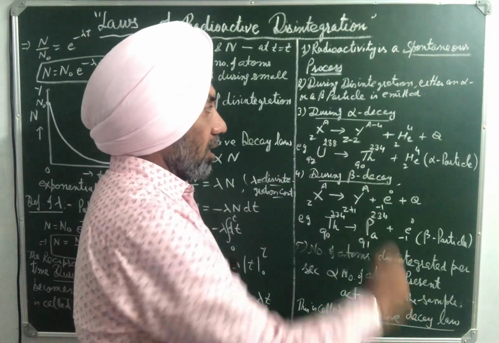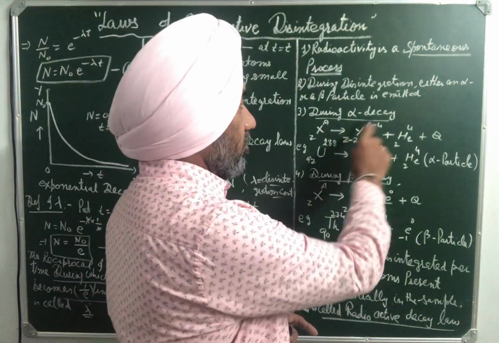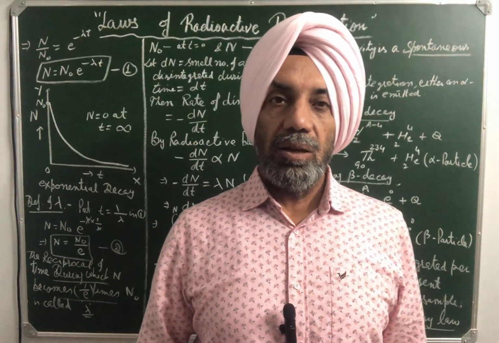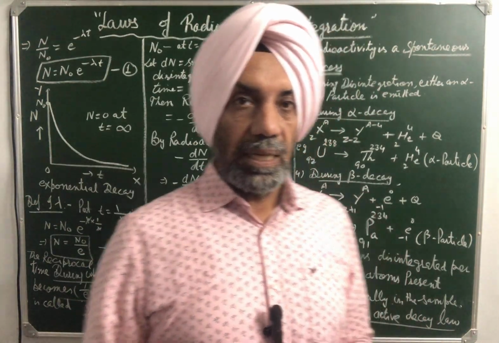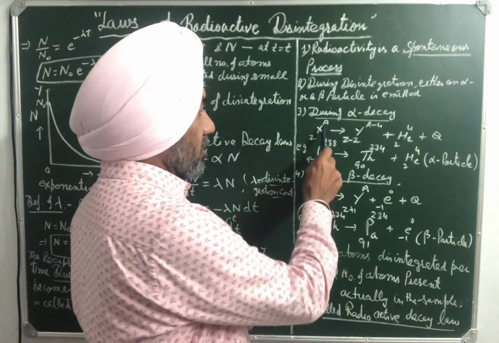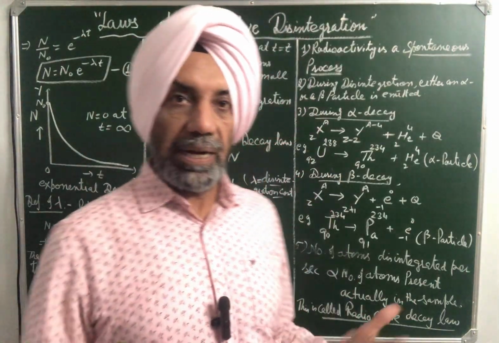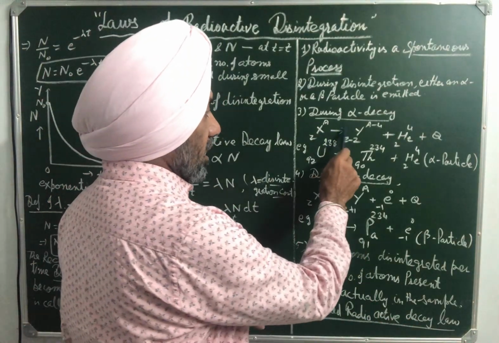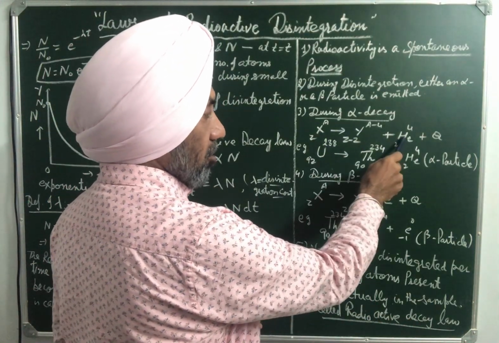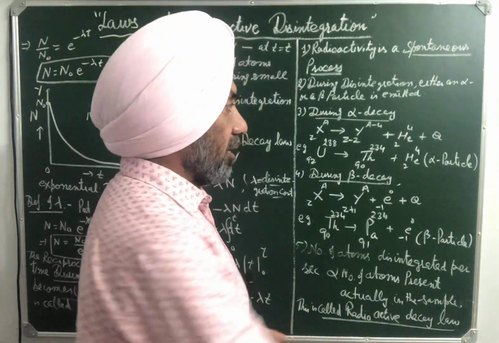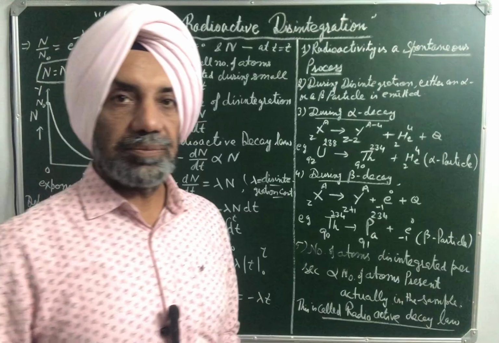Third is radioactive alpha decay. Now, during alpha decay, what happens? Suppose X Z A is the parent nucleus, parent atom you can say. It changes to daughter nucleus, daughter atom, and emitted particle, alpha particle, and a huge amount of energy is released.